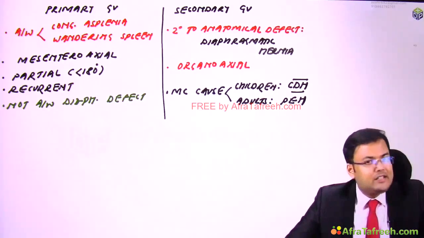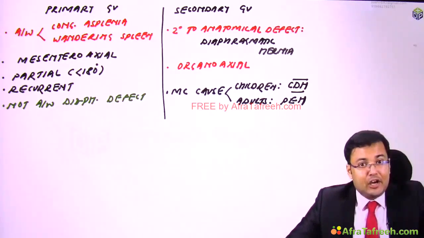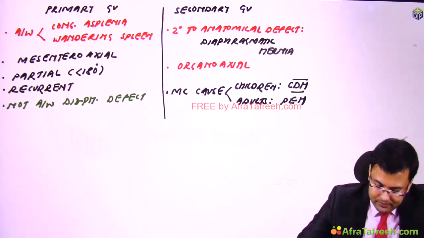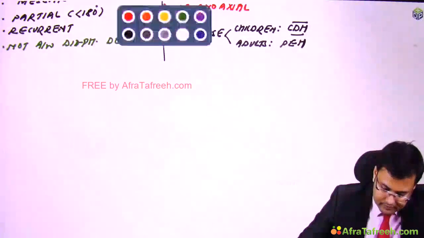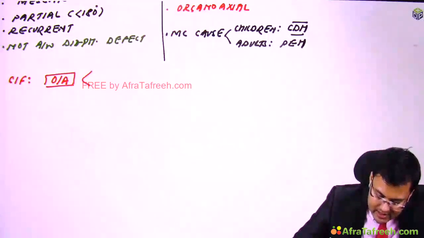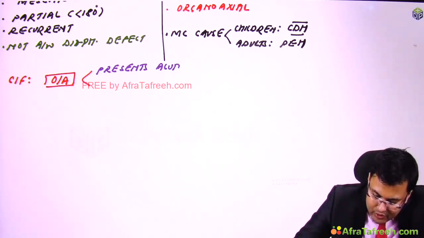After that, there is a difference in the presentation of organoaxial and mesenteroaxial gastric volvulus. See the difference? Clinical features. Generally, organoaxial volvulus presents acutely, and I told you it is associated with diaphragmatic defect.